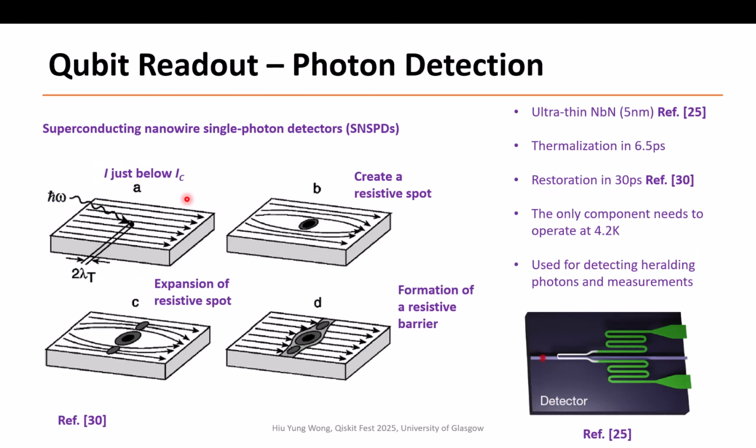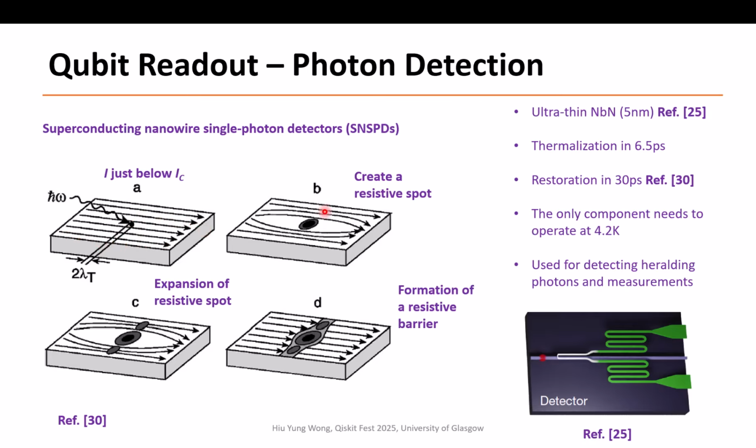So we use something called a superconducting nanowire single photon detector. First, you bias the superconductor just below the critical current. Critical current means that above it you will lose the superconducting state. So we put it just below the critical current.